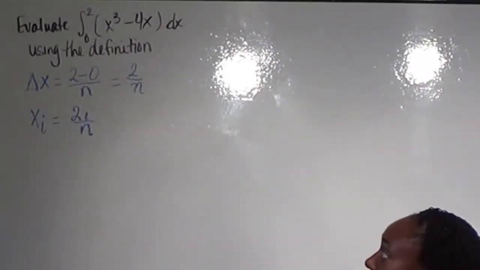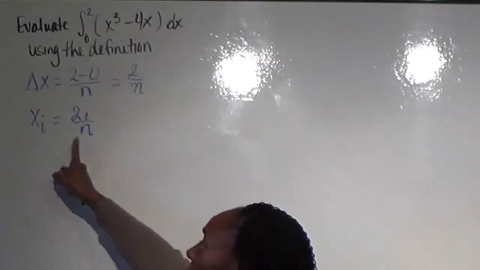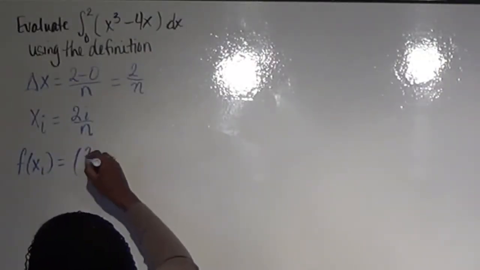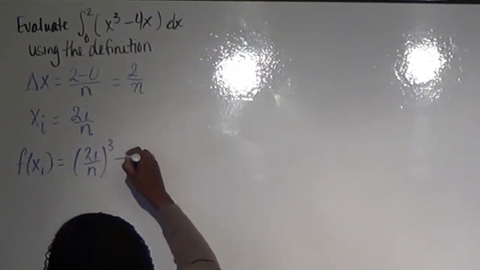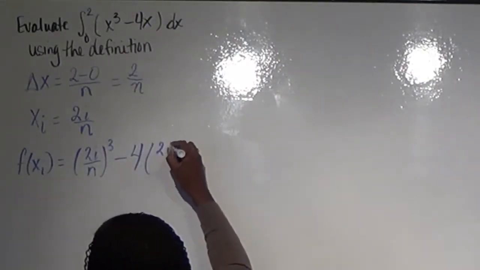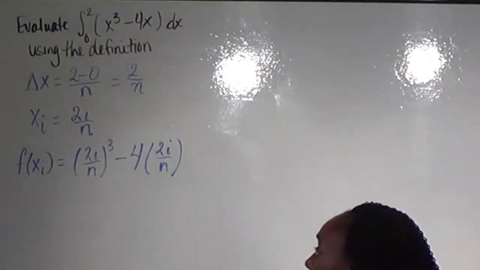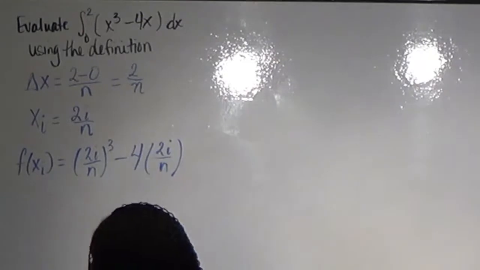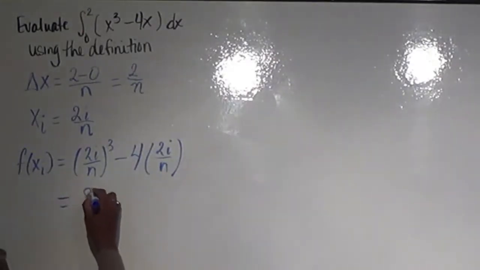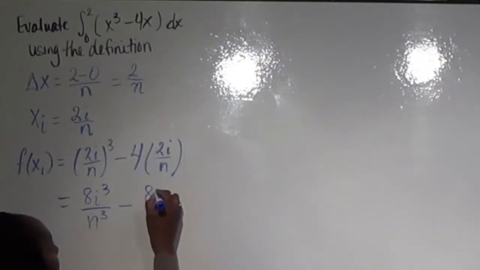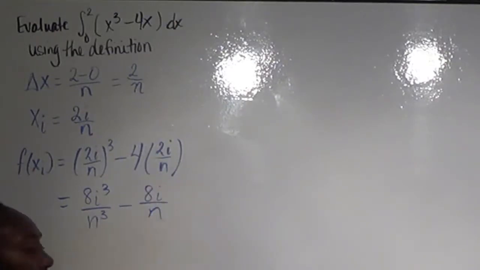And so to get my f of x sub i, again, I'm just going to take this and plug it into my function to get the function value within each subinterval. So we'll take 2i over n and cube it minus 4 times 2i over n. And again, I can simplify this, and we can see that I'm going to get 8i cubed over n cubed minus 8i over n.